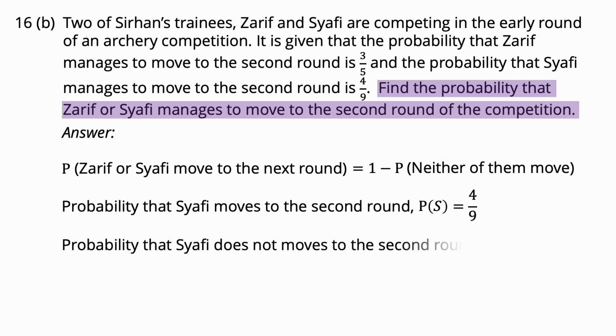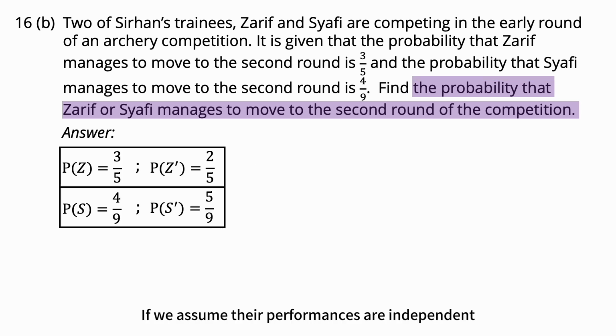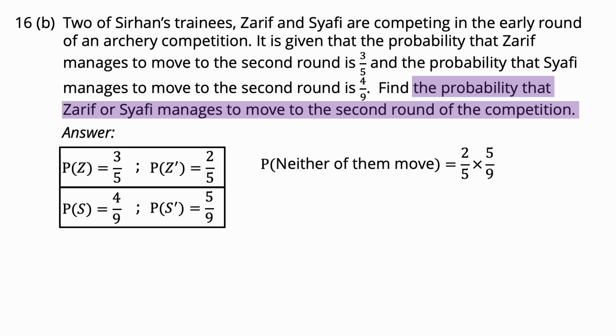So, the probability that Shafi does not move is 1 minus 4/9 equals 5/9. If we assume their performances are independent, Zarif does not move and Shafi does not move. The probability that neither of them moves is equal to 2/5 times 5/9 equals 2/9.